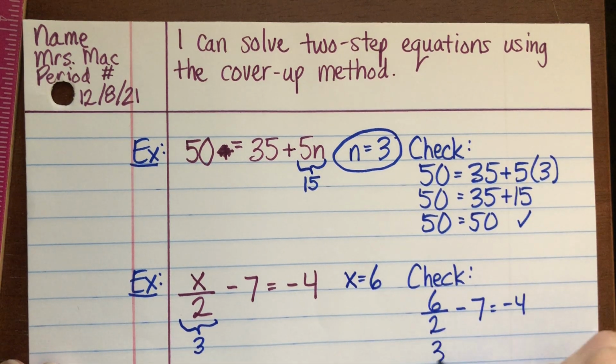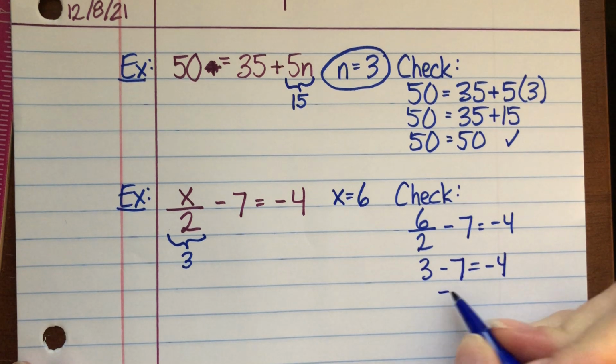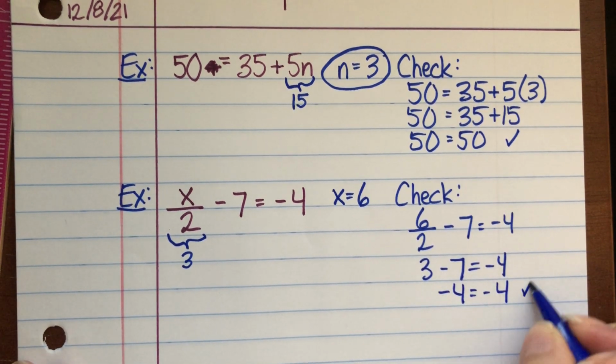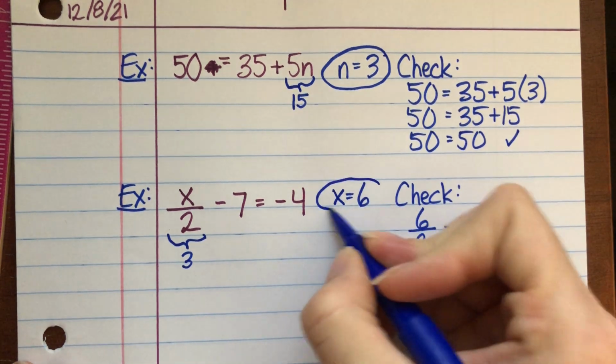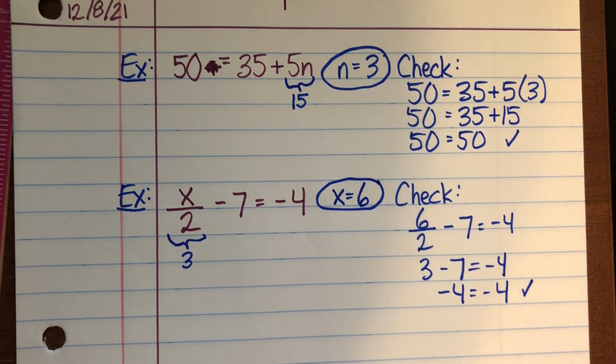And then I get 3 minus 7 is equal to -4. You know that it works when both sides of the equation are equal to each other. So we can say, yes, x is equal to 6. Okay. I'm going to have you guys try a couple of these, and then I'll show you a different form for these type of problems.